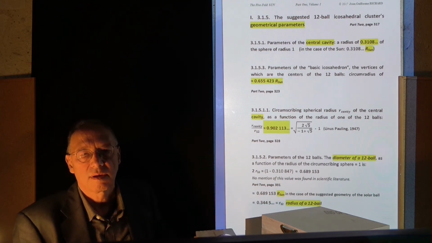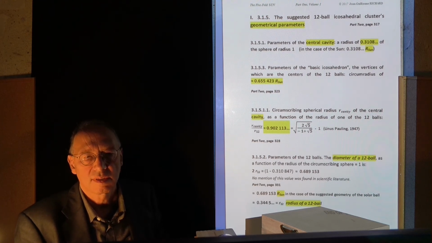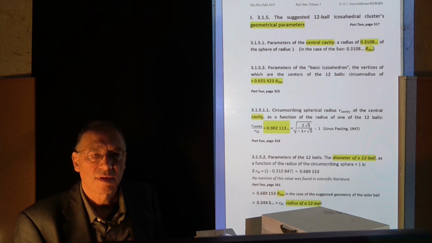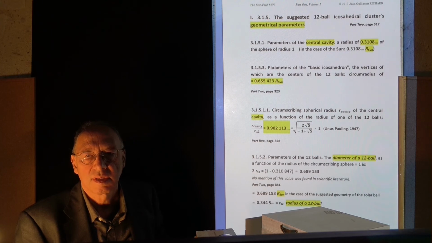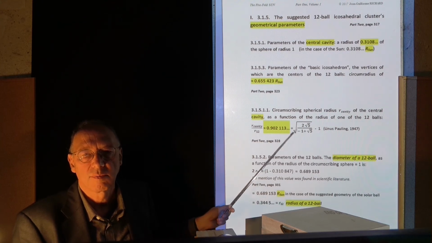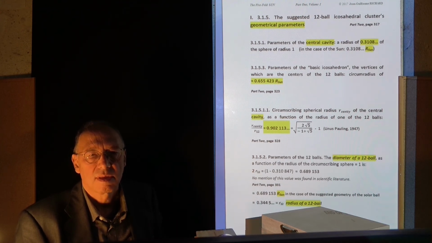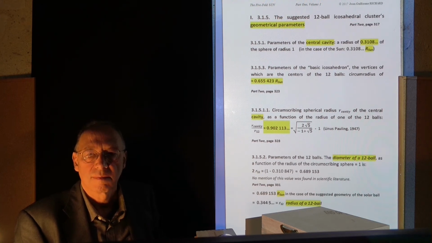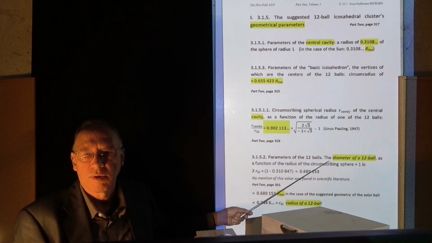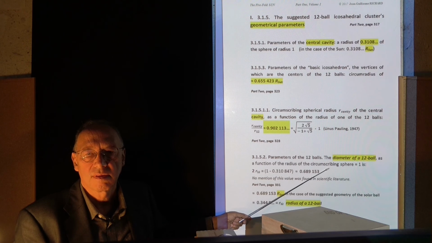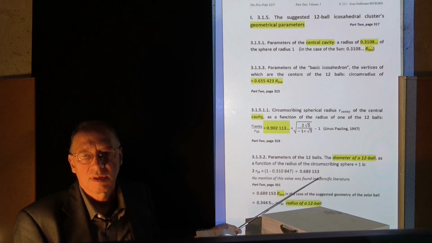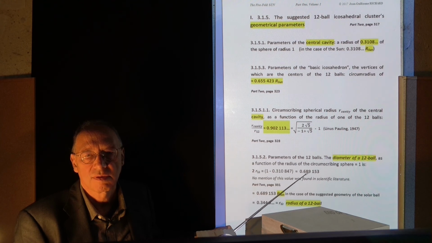We are happy to have Pauling's investigations of the structure of icosahedral compounds in chemistry, which yielded some fundamental formulae like this, which will help us in understanding how this extremely simple arrangement is constructed. The diameter of a 12 ball as a function of the radius of the larger outer sphere, in the case of the Sun, as a function of the radius of the Sun, is 0.689.